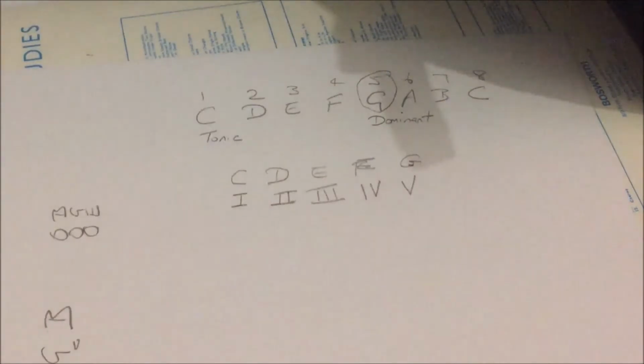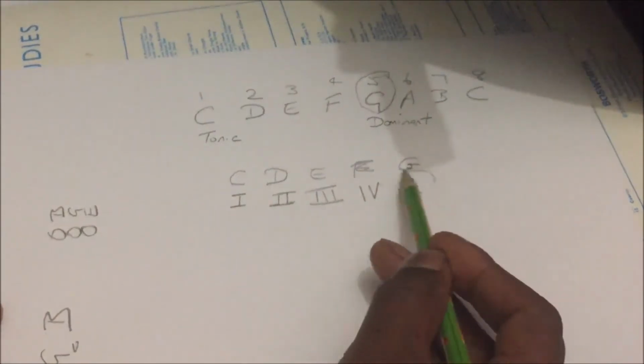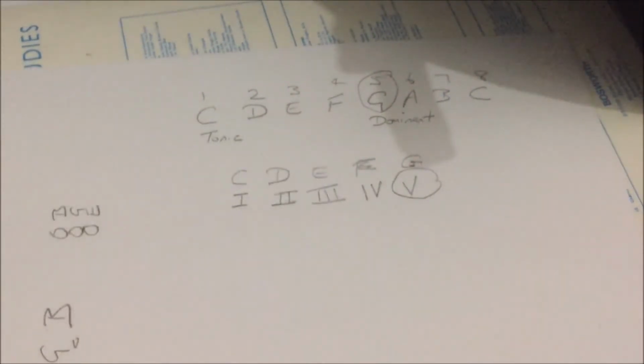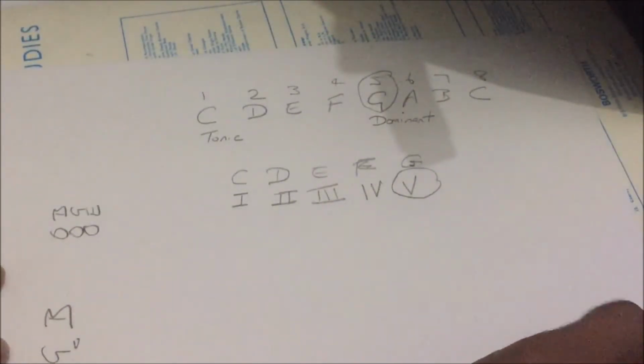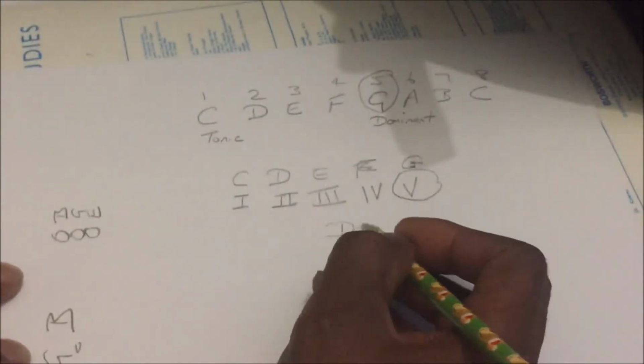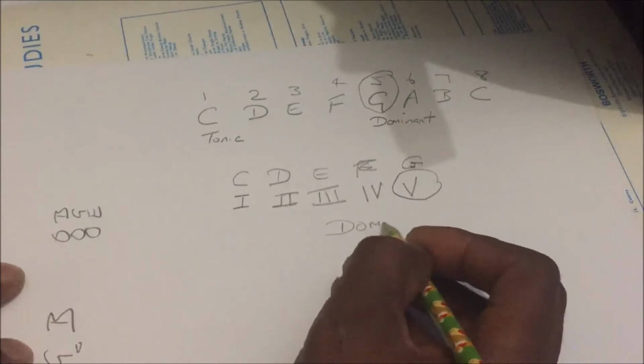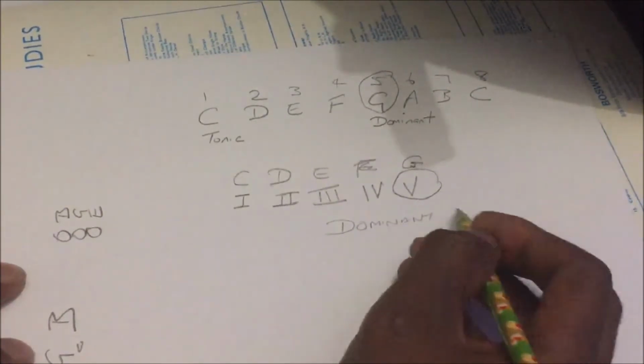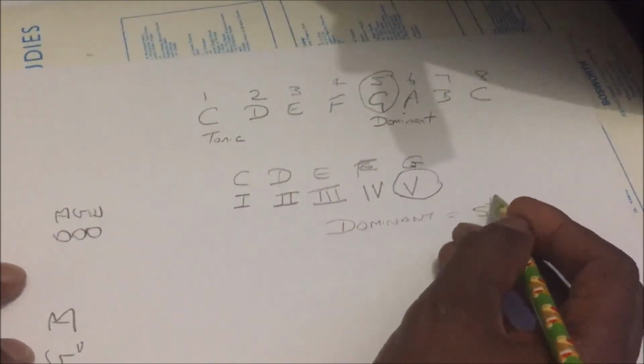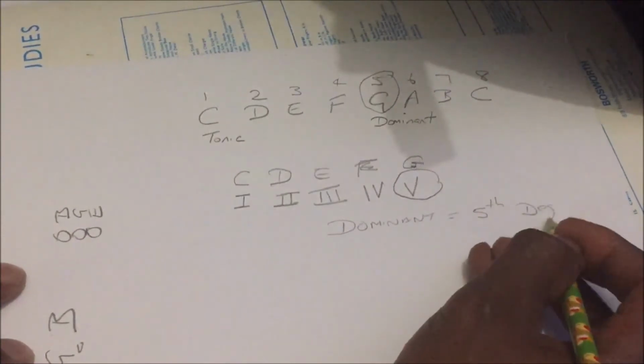And what is a dominant? Dominant is V. Dominant is the 5th. Okay, when you write dominant, so you just know what I'm talking about: dominant equals 5th degree, equals V in Roman numerals.